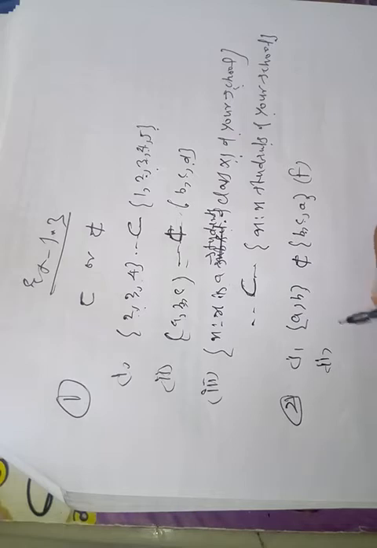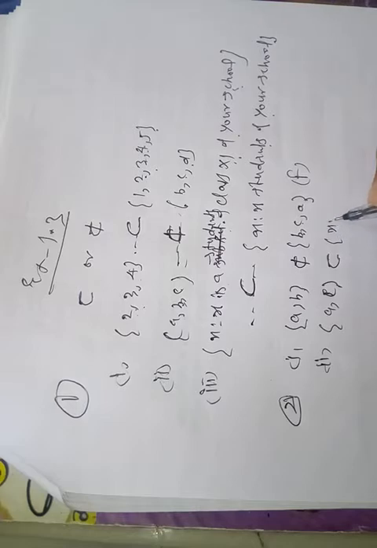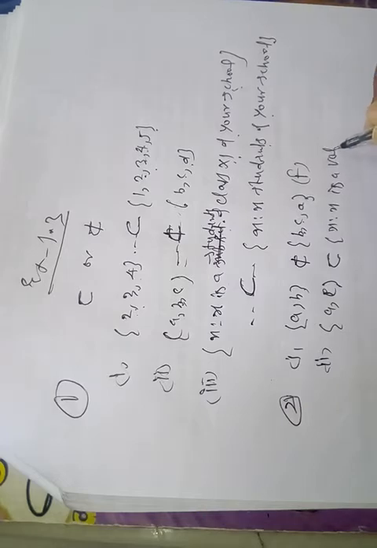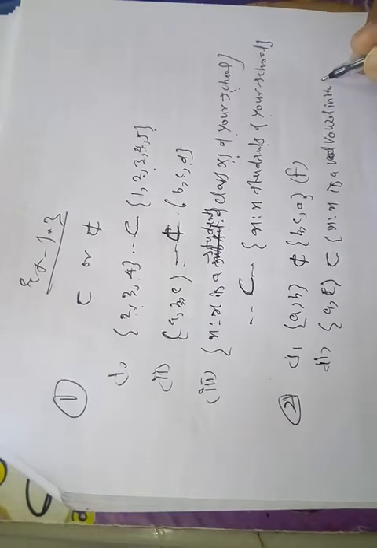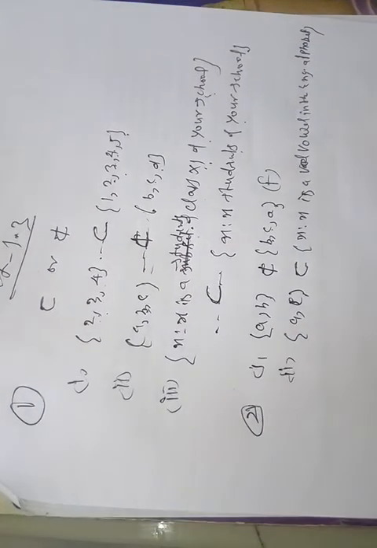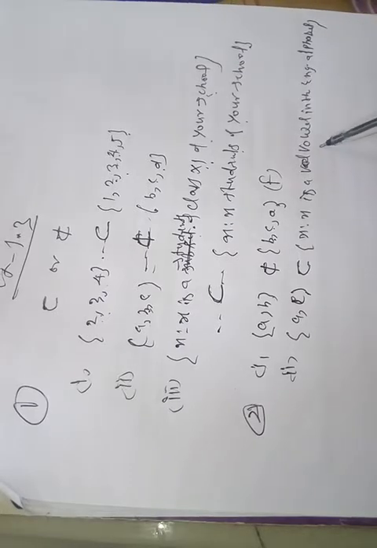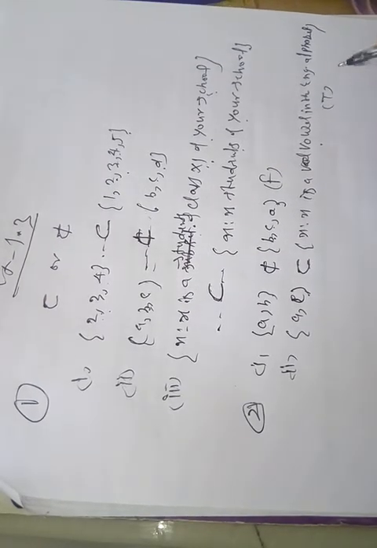Second part, AE is a subset of X such that X is a vowel in the English alphabet. English alphabet has 5 vowels: A, E, I, O, U. AE are also vowels, therefore it is a subset. This is true.